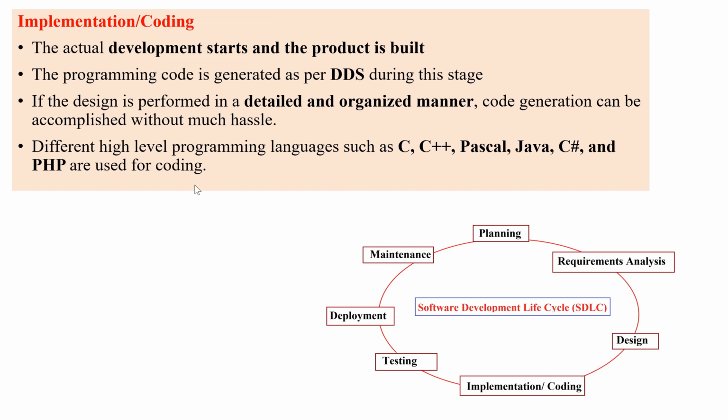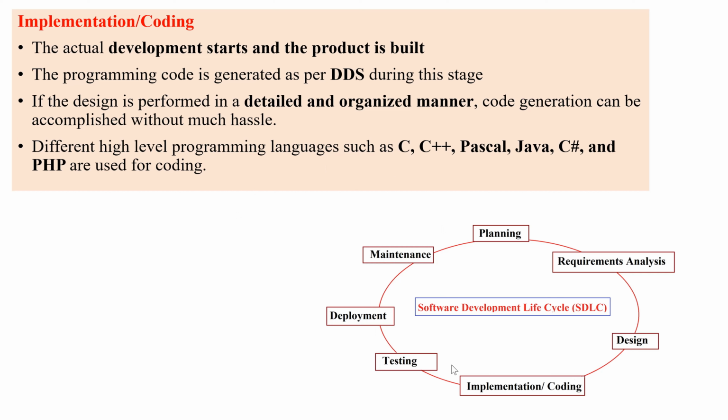During development, different languages are used like C, C++, Pascal, Java, C Sharp, and PHP, based on the framework, browser, and the platform on which the application is going to work.